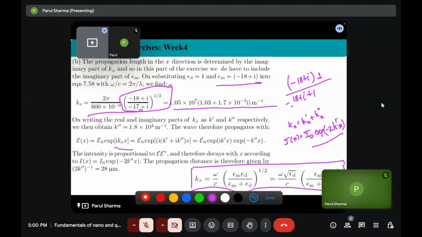So the propagation distance will be equivalent to 1 by 2k double prime. So k double prime is 1.8 times 10 to the power 4. So 1 by 2 into 1.8 into 10 raised to power 4, which will be equivalent to 28 micrometer. So this is the propagation length.